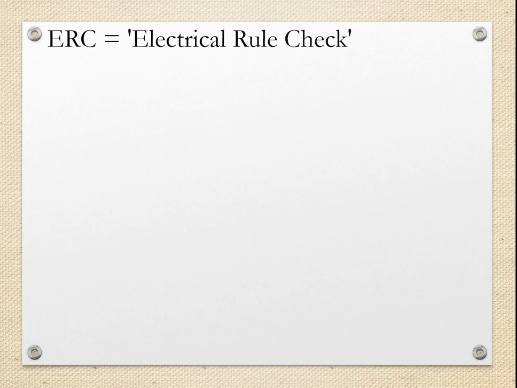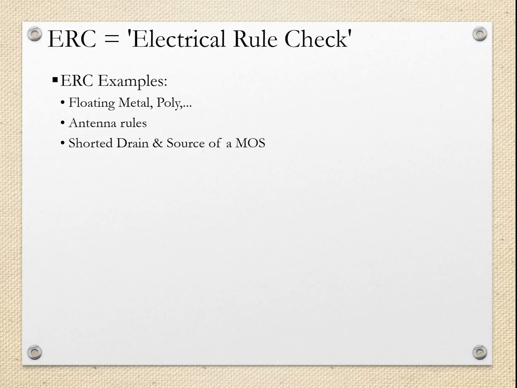Examples of this ERC are the floating metal or poly, the different antenna rules, shorted drain and source of a MOS, and no substrate or well contact.